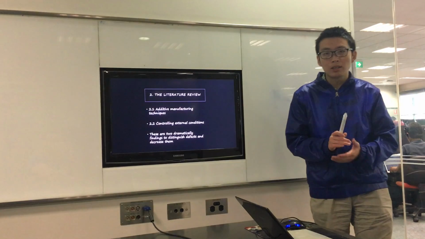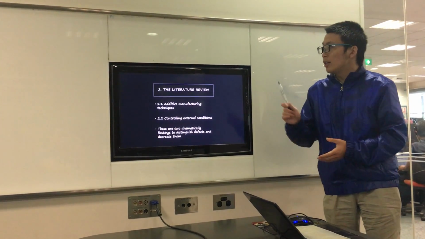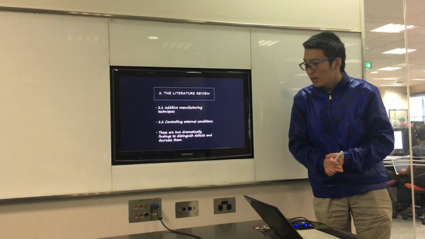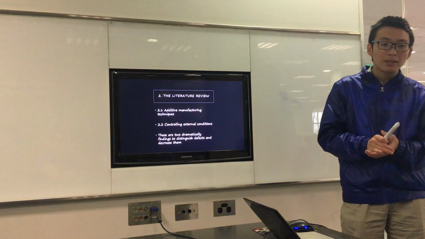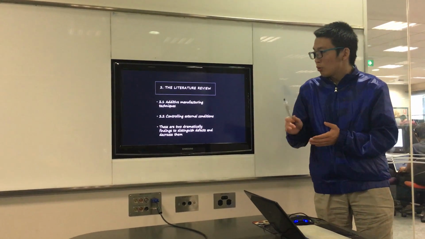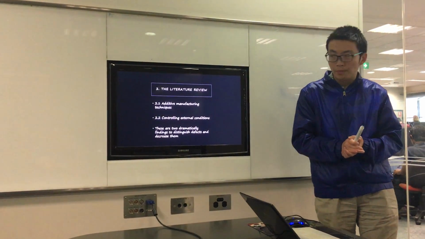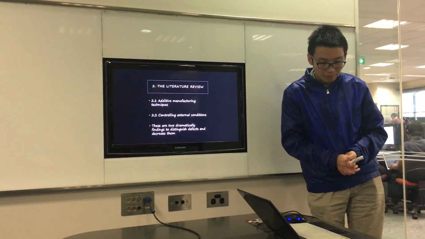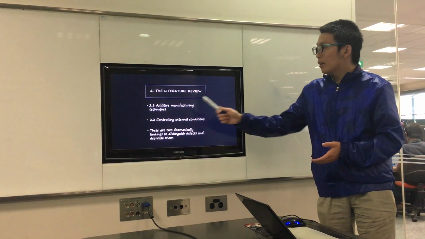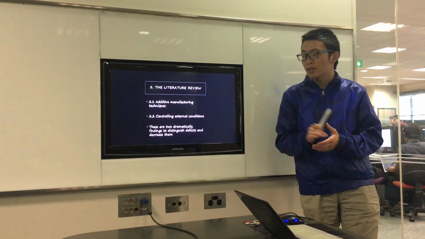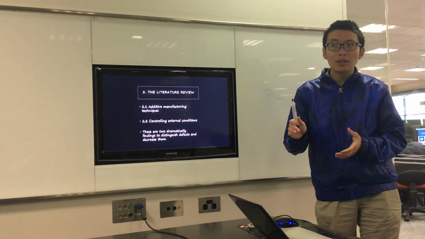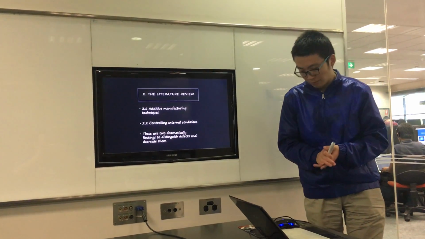Now let's move on to the important part, the literature review. There are 2 significant methods to distinguish defects and decrease them. They are additive manufacturing techniques and controlling external conditions.